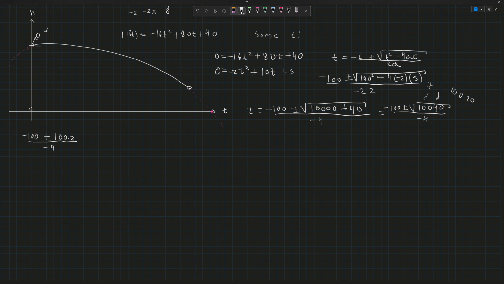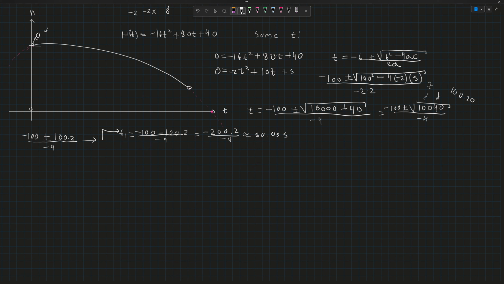Over negative 4. So we could either do t1. What this implies, by the way, is that we could have two solutions, right? t1 is going to be equal to negative 100 minus 102 minus 4, and this is going to be essentially equal to negative 200.2 over negative 4. And of course you could do the math and you find out that it's approximately equal to 50.05 seconds.